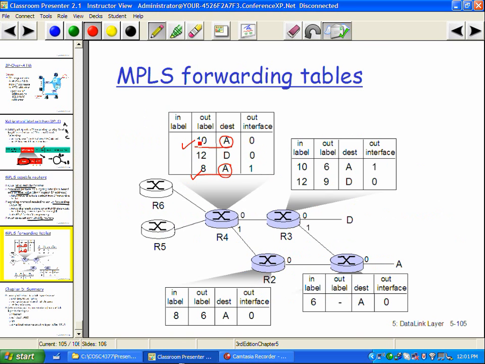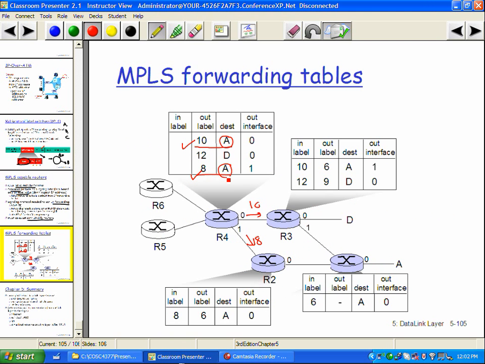And it says if your label is 10, you go this way, and if your label is 8, you go this way. It doesn't matter that your final destination is A. Okay. So at least this is a capability that is already there.